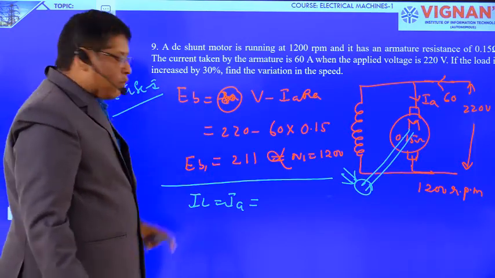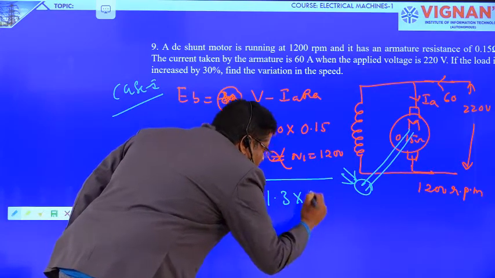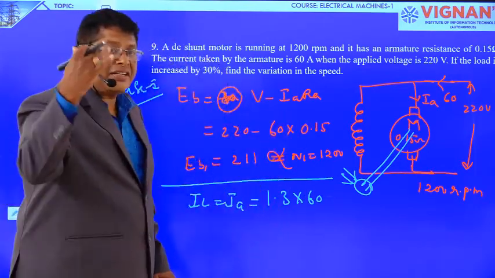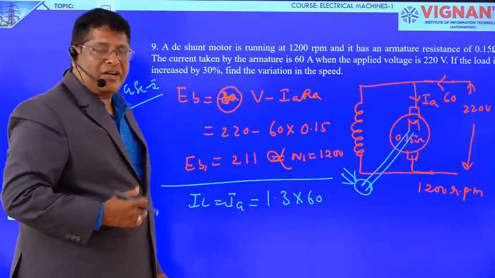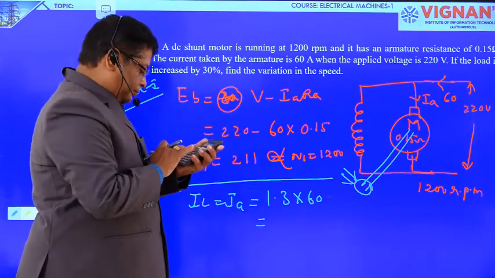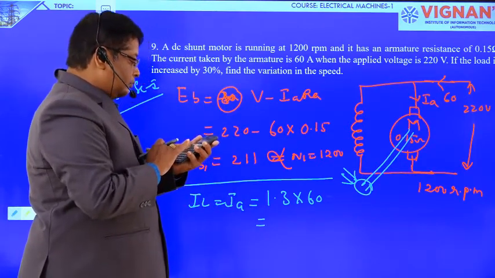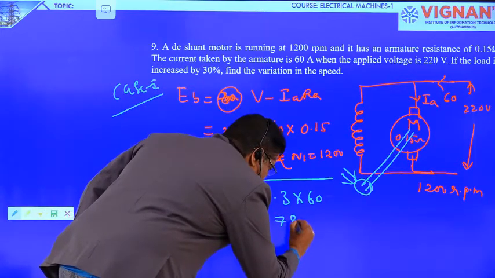Now, this is equal to 1.3 times the previous current. 30% more than the previous one. So, that's why you have to multiply by 1.3. Now, here you are getting the armature current as 78 amperes.